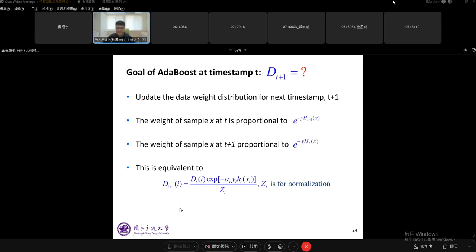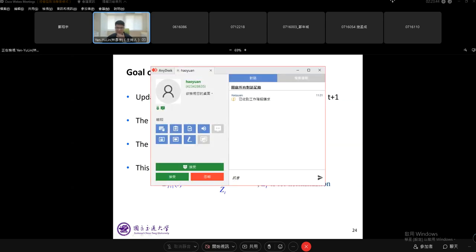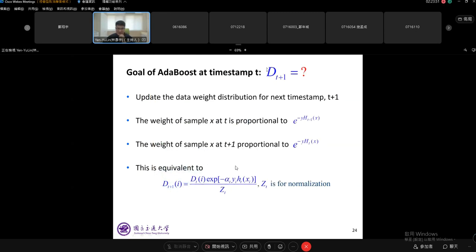Let's look at the last step, the third step of the iterative AdaBoost algorithm. We want to maintain the data weight distribution for the next iteration. Currently, we are at iteration t, and our goal is to maintain the weight distribution for the next iteration.